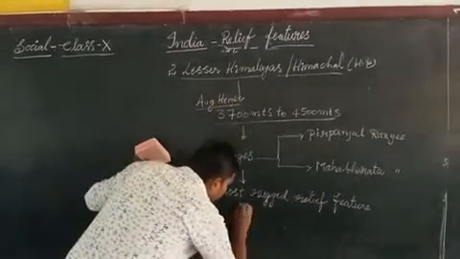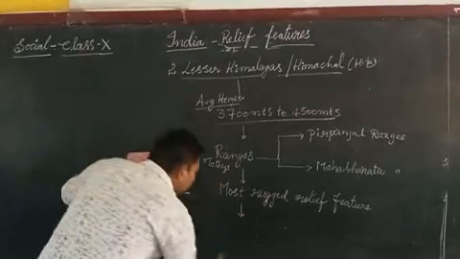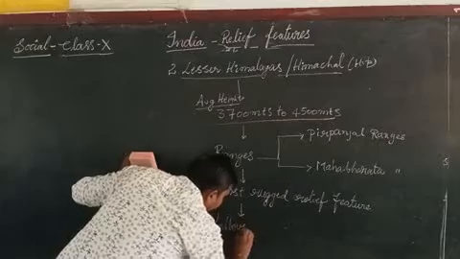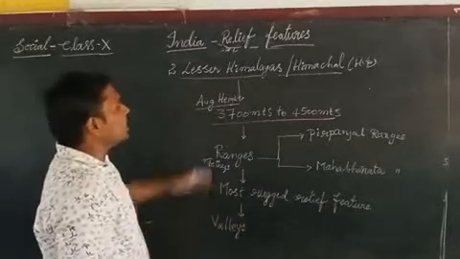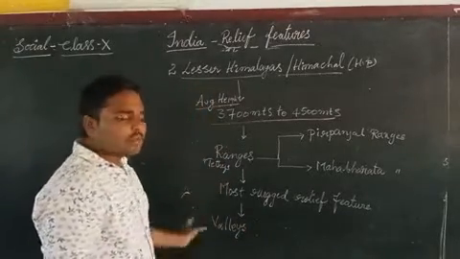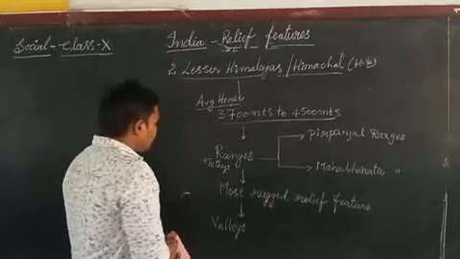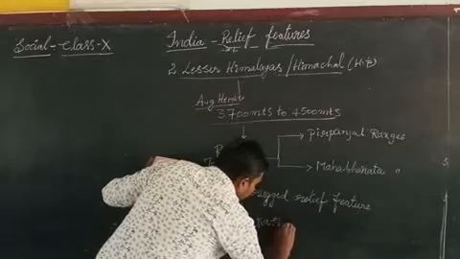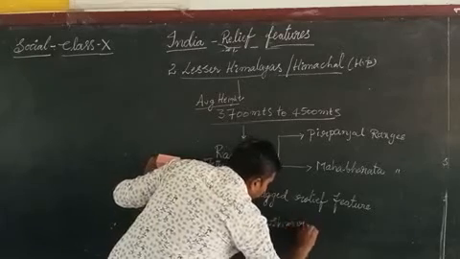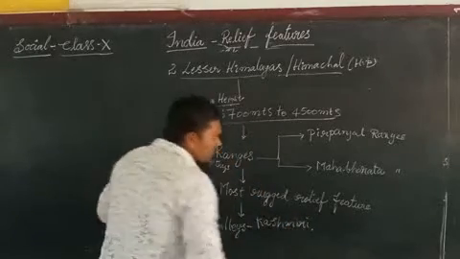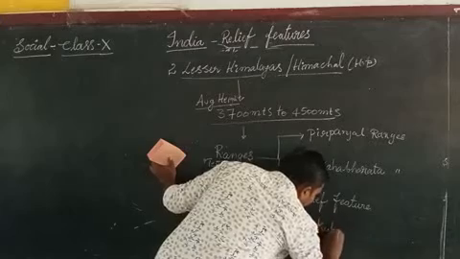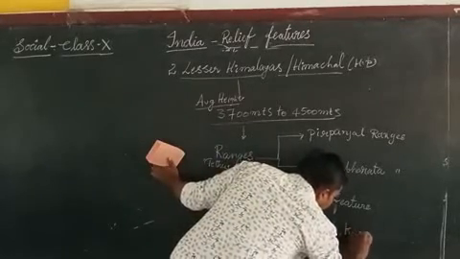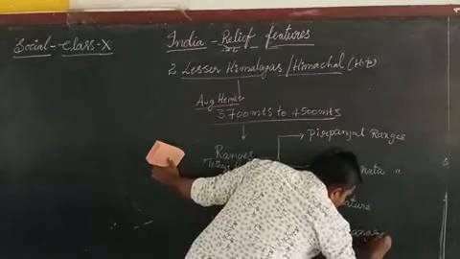Now coming to famous valleys. In this Lesser Himalayas, there are so many famous valleys: the Kashmir Valley, Kulu Valley, and Kangra Valley.